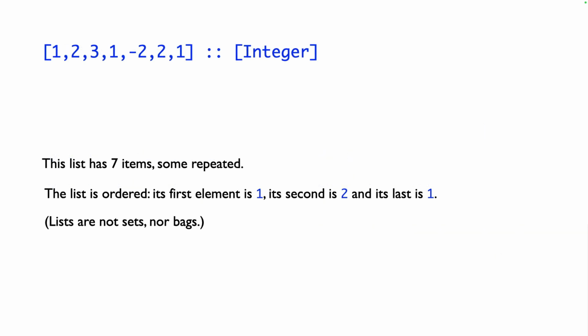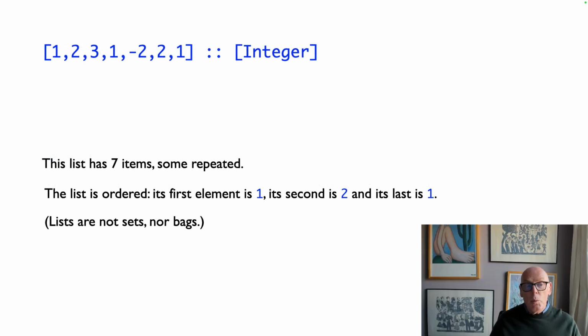Now, just to reiterate, if we look at this example of the list 1, 2, 3, 1, minus 2, 2, 1, it has 7 items, some of which occur more than once. So the number of times that an element occurs is significant, and the order in which the elements occur is significant. The first element of that list is 1, as is the last. The next to last element is 2.